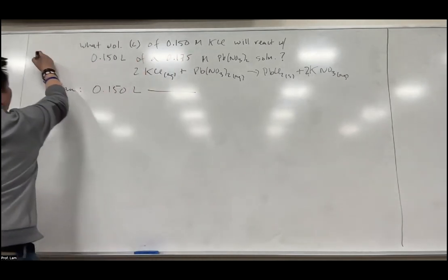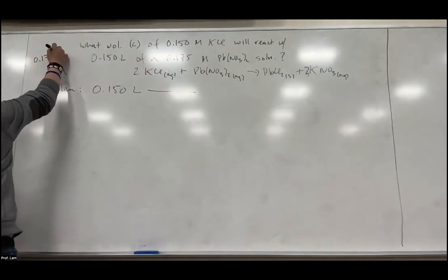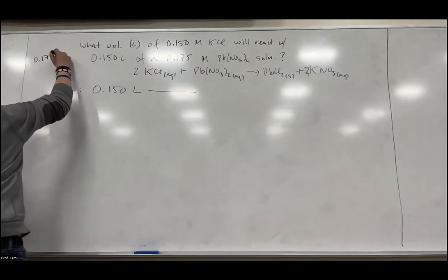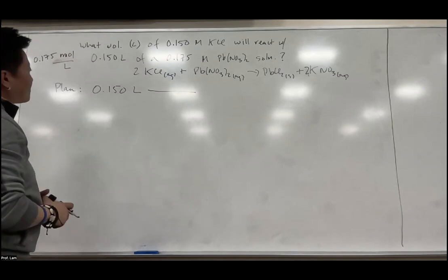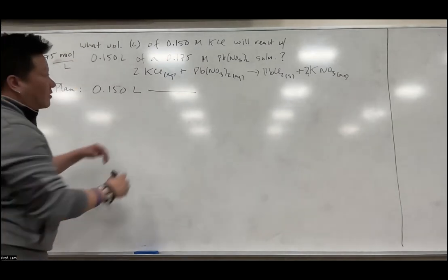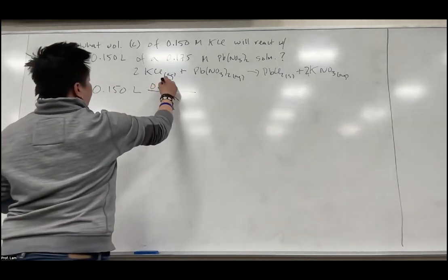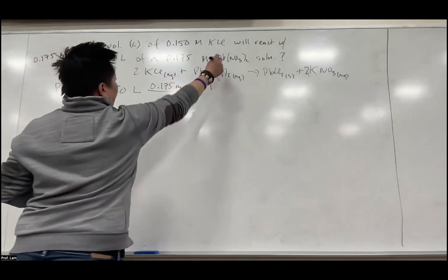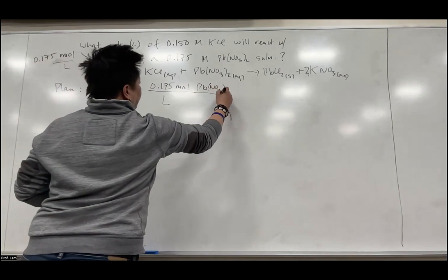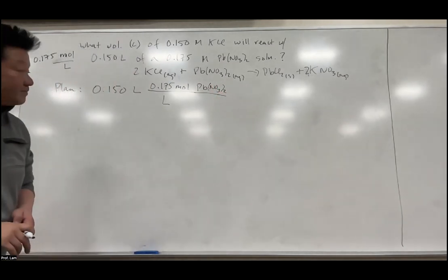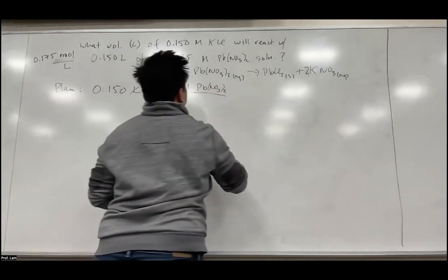And remember, you can rewrite that as 0.175 moles over liter. Okay. So that means liter should go on bottom, right? And 0.175 moles of Pb(NO3)2 goes on top. Okay. So liter cancels.